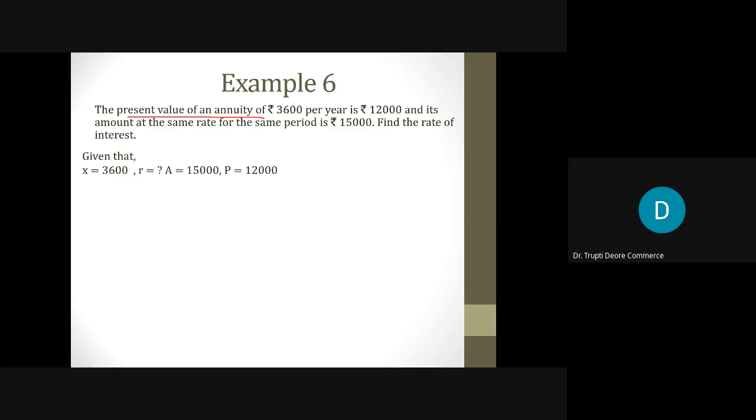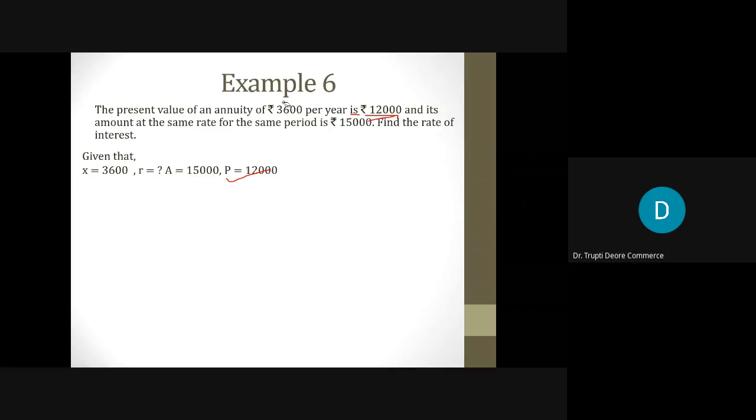Present value of an annuity of 3,600 per year. It's per year, it means it's the installment. So X is equal to 3,600 is what is given. Present value of annuity, it means it's a present value, that is P is equal to 12,000, and its amount at the same rate for the same period is 15,000. So A is 15,000.